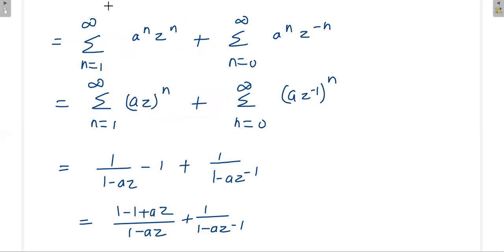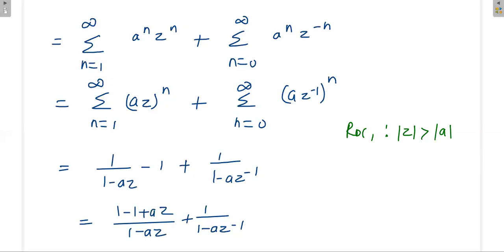Then what about the ROC? For the first summation series, this is the right-sided one, so mod z greater than mod a. We are applying positive time index, so we are making some mistake here.